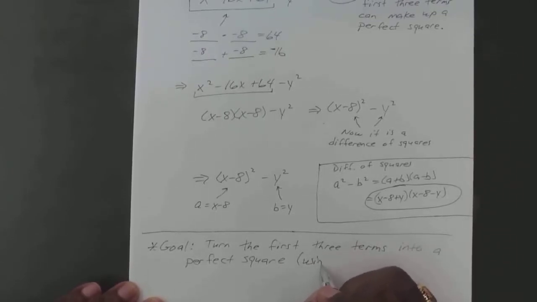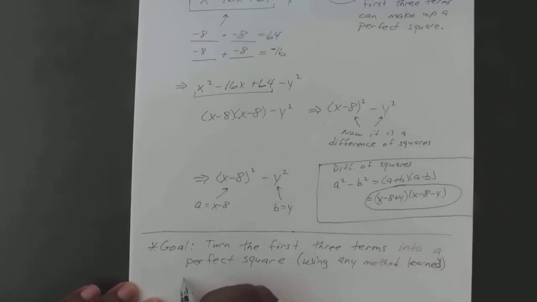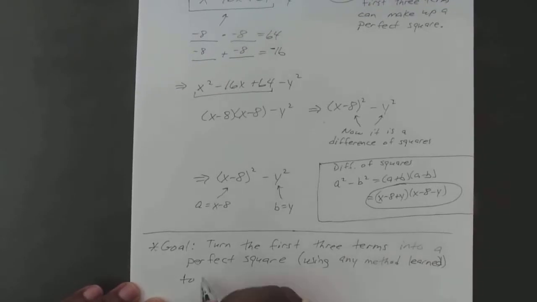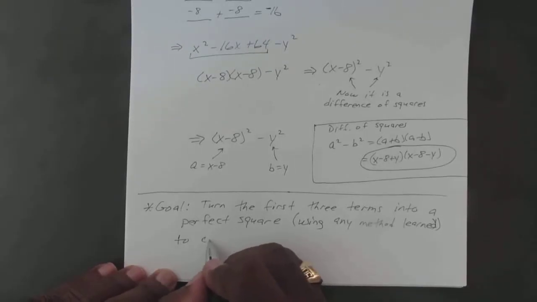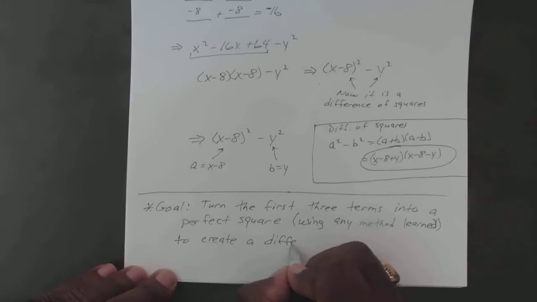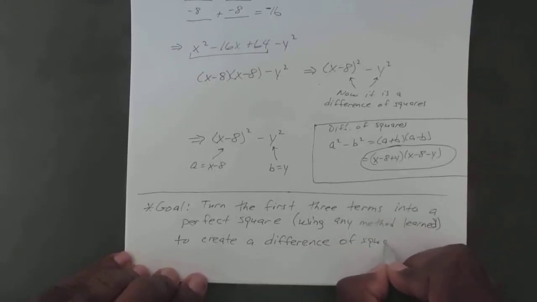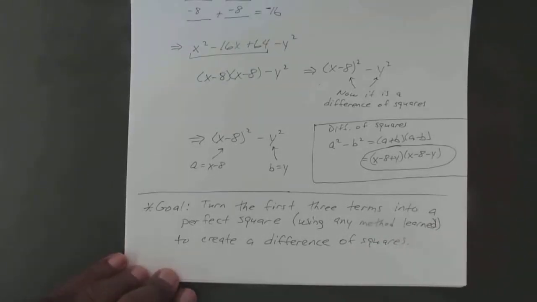Okay, using any method. To create a difference of squares. Okay, so really you're going to create a perfect square trinomial, use that to solve a difference of squares.